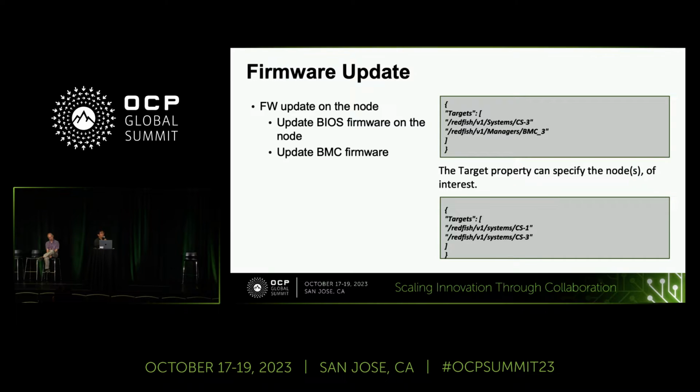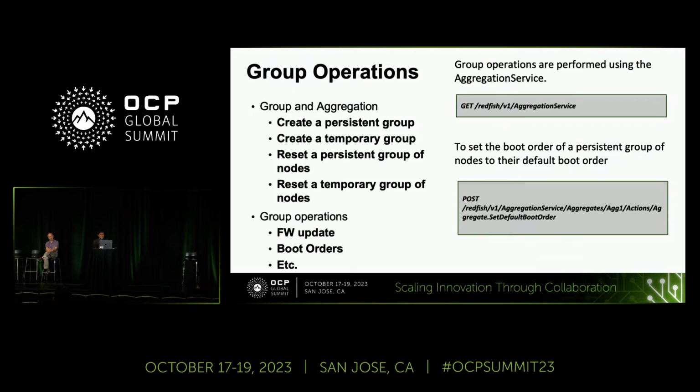The most common use case is BIOS and BMC changes. We can update a very specific node with a very specific firmware you want to pick. Also, you can update a bunch of nodes of interest, so you can specify the selection of the nodes.